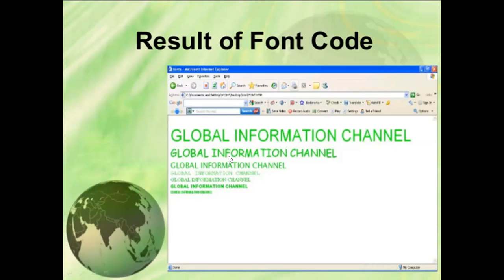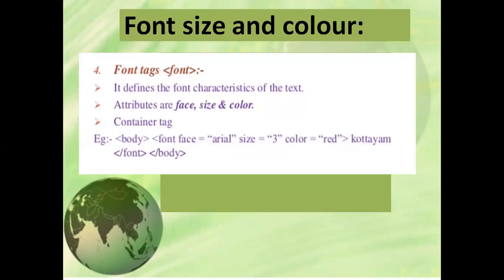This one was Comic Sans, and so on. This way you can learn about this font code also. Kindly look, this is exactly the command for writing. We can use all of them together. The font characteristics of the text are described or defined by this font tag.